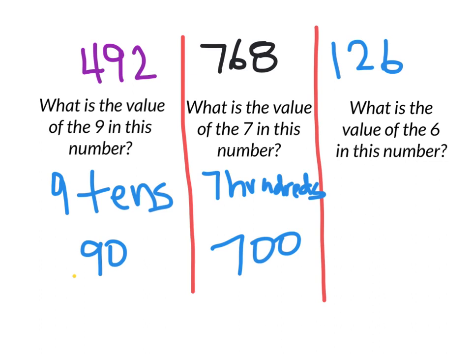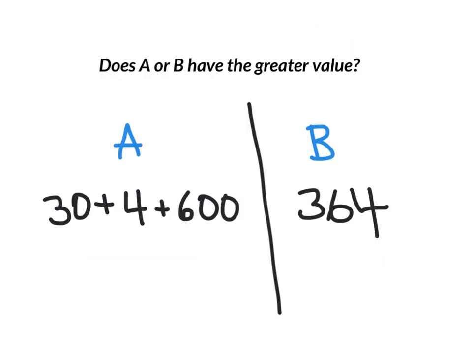Okay, I hope you wrote down that the value of the 6 in the number is 6 ones, or you could have just written down the number 6. This is going to be on your test, so I hope you can do this. It's not that hard. You guys are smart.